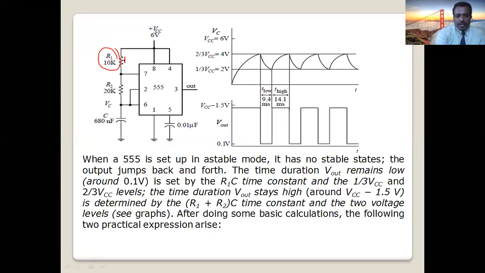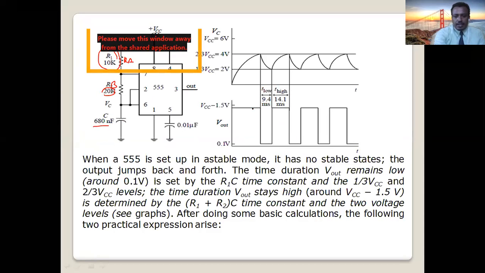We call this RA in our case, right? R2 means RB in our case. How much? 20 kilo ohm. This is a capacitor C, 680 nanofarad capacitor, right? So as you can see here, the output becomes on and off.